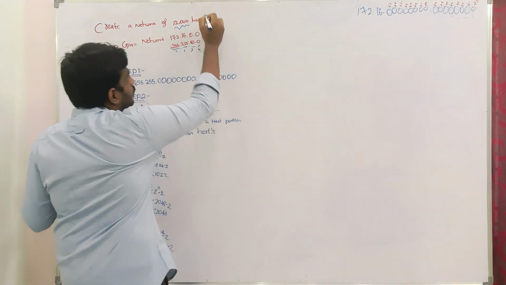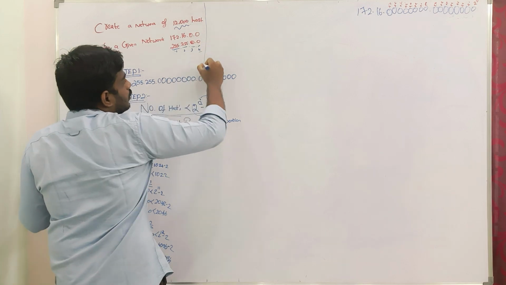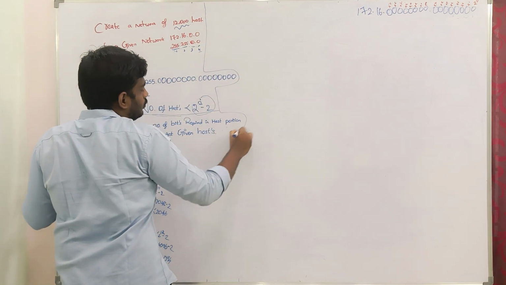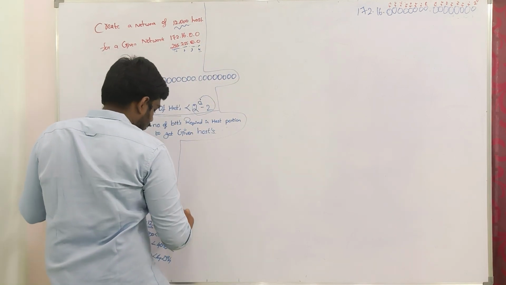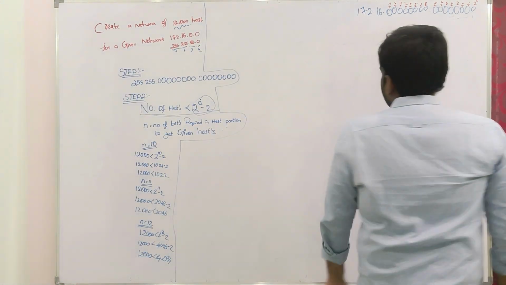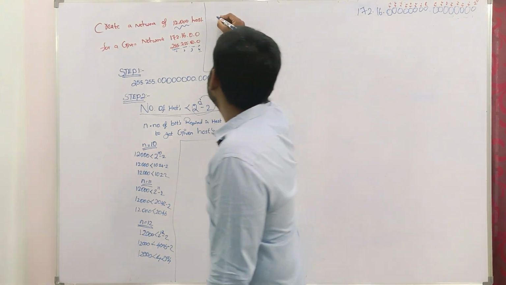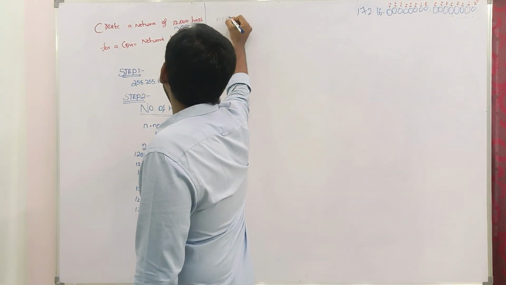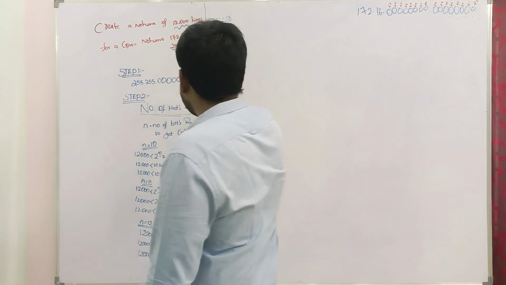Now we increase our n value to n equal to 13 bits.